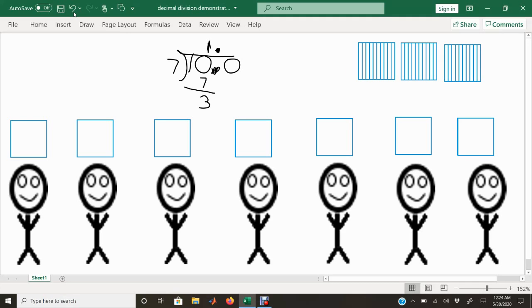So now I can say I don't have 3 squares anymore. I have 30 tenths of a square. And I know that I can multiply 4 times 7 and get 28. I'm going to be left with 2 tenths.